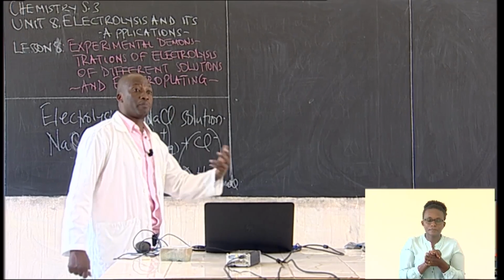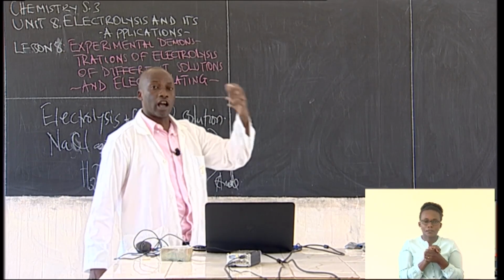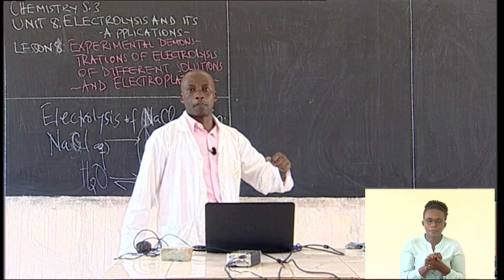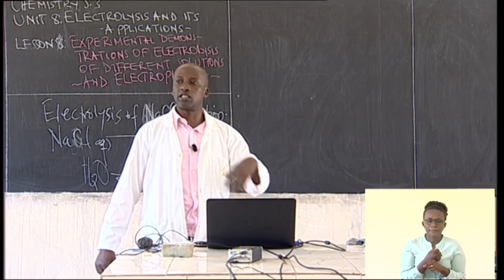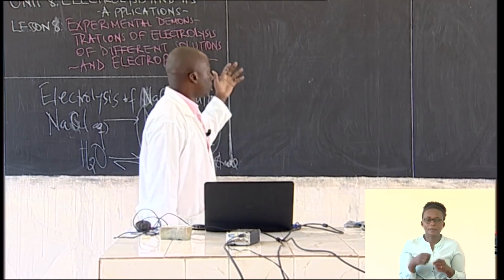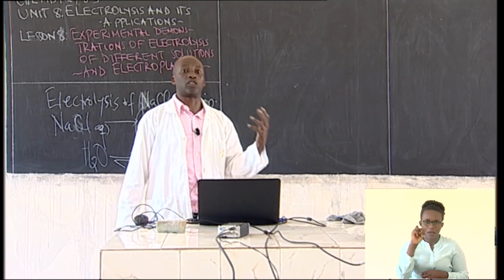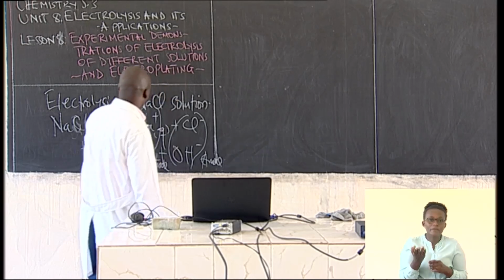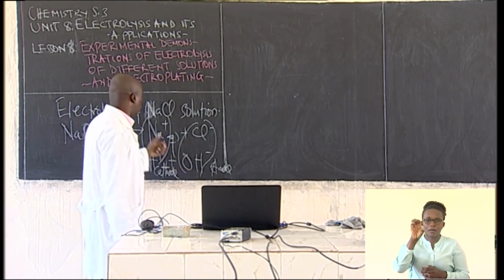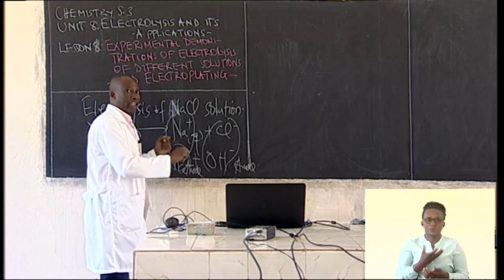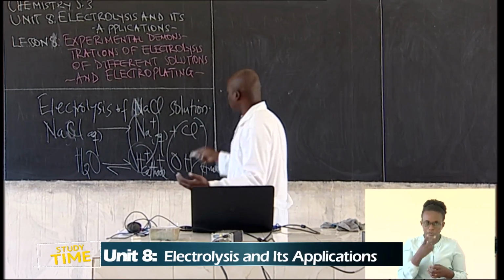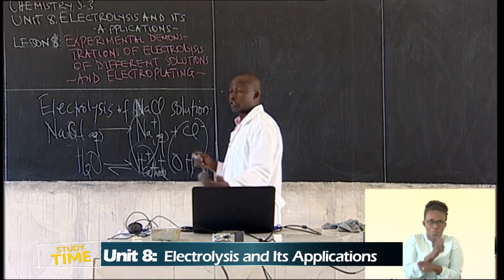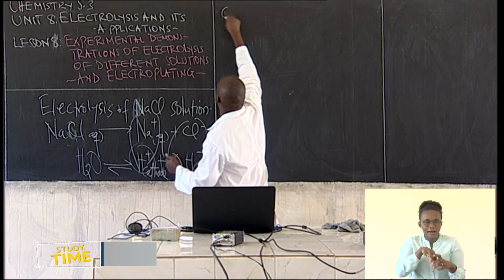You remember we mentioned the factors: the position of the ion in the electrochemical series, the concentration of the ion. We mentioned the nature of the electrode as well. Here we are looking at a dilute solution. So the hydrogen ions discharge at the cathode.